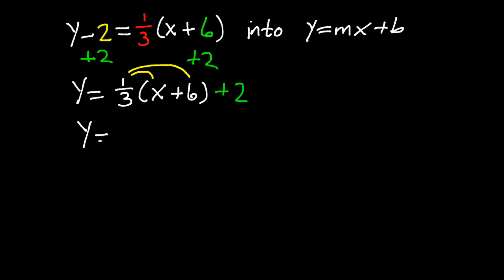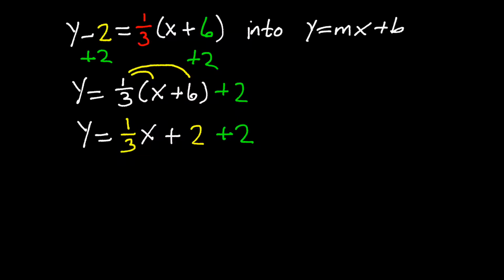That's going to give me y equals 1/3 x plus, now 1/3 times 6 is the same thing as 6 divided by 3. And 6 divided by 3 is 2. And then we can't forget our plus 2 at the end.